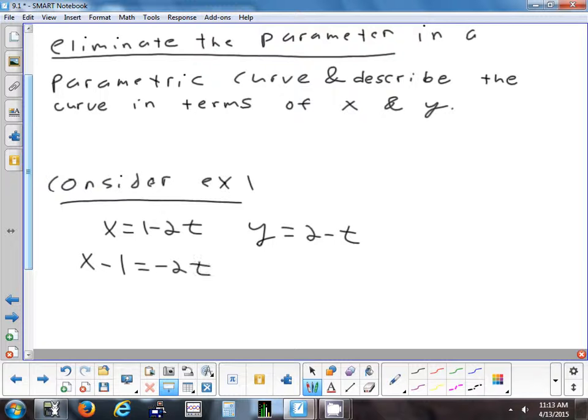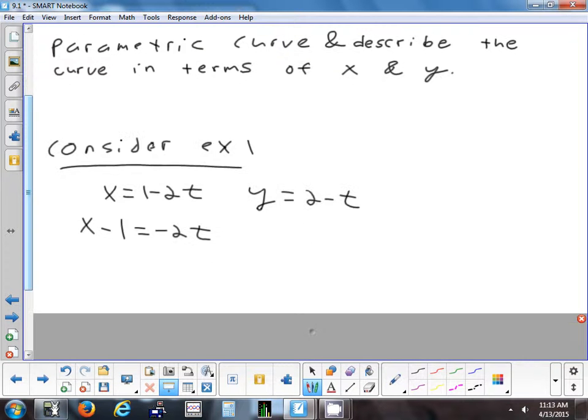All right, so bring the 1 to the other side. Divide everything by -2. And a trick, if you want to get rid of this negative from the denominator, if you switch the order of what's in the top and the bottom, basically what that does is create an extra negative.